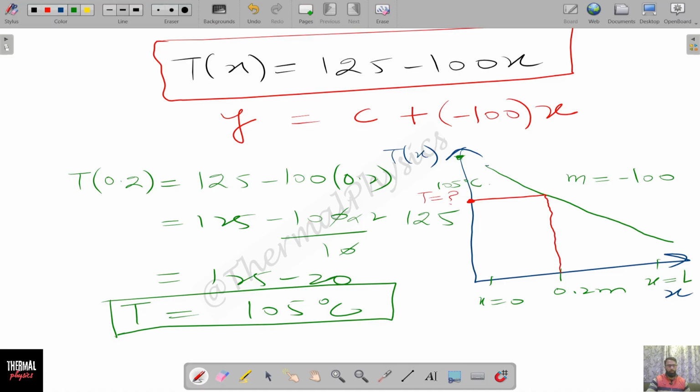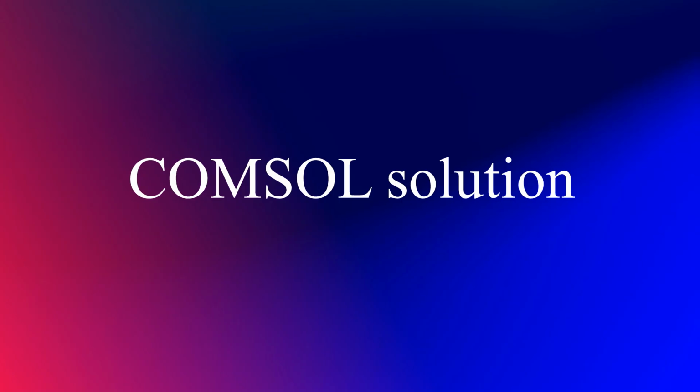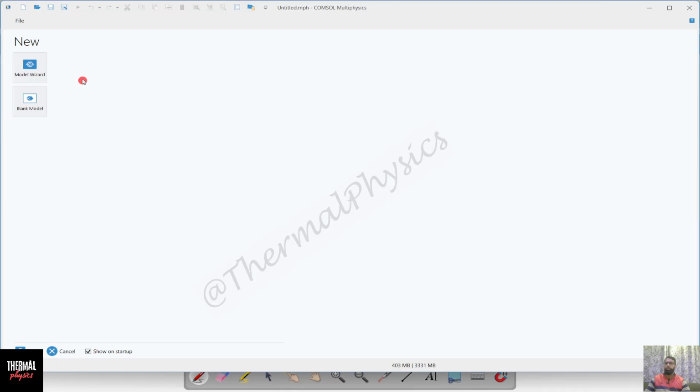Now we're moving to COMSOL Multiphysics and we'll try to solve the same problem using COMSOL Multiphysics. So we'll open the model wizard.